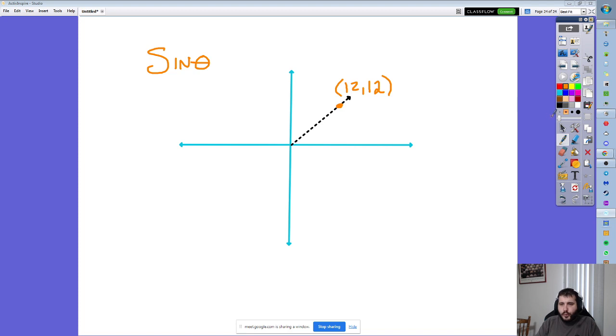So you could say, right here, here's my triangle. What's the x value? It's 12. What's the y value? It's 12. And you don't even have to think about it. Here you've got your triangle, and I just want the sine of this angle.